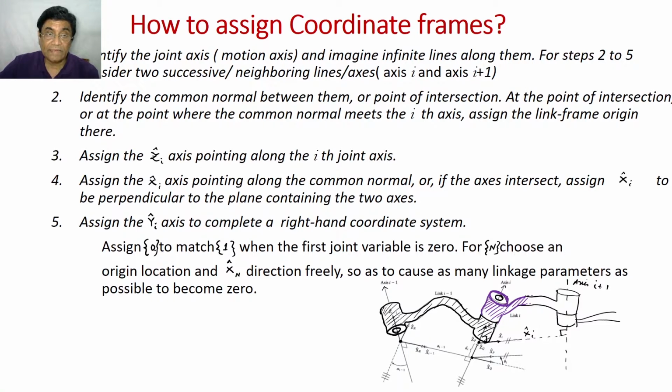Assign the reference coordinate frame of the zeroth link to match the first link, and similarly for the last link n, choose an origin location and assign the xn cap direction freely. But what is my aim? The aim is to make the maximum number of linkage parameters 0, because that will be computationally efficient.